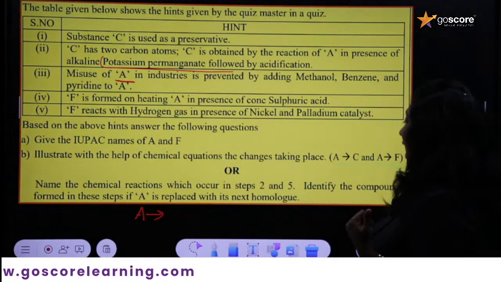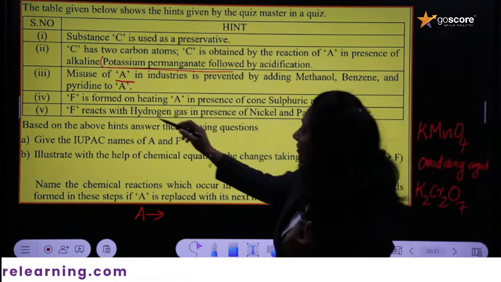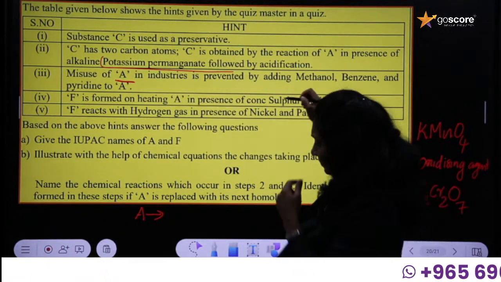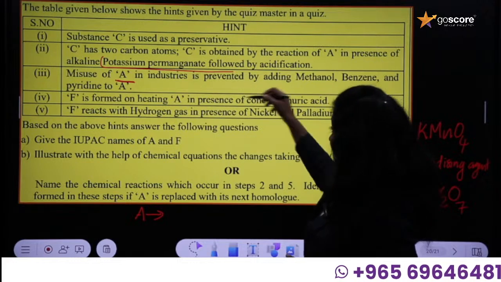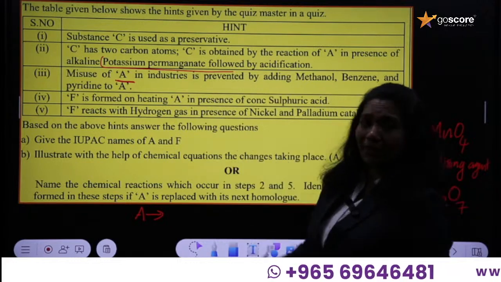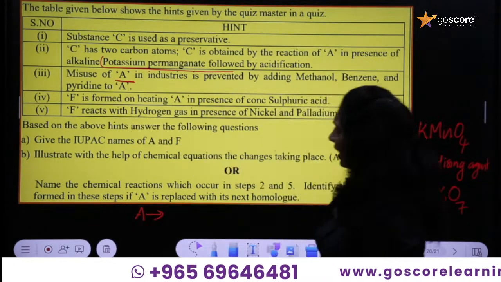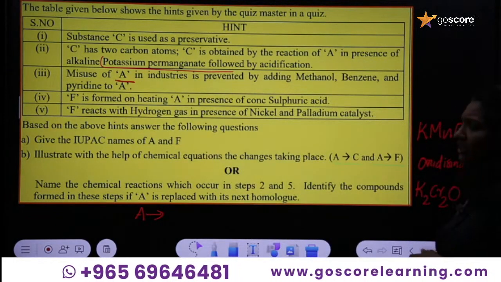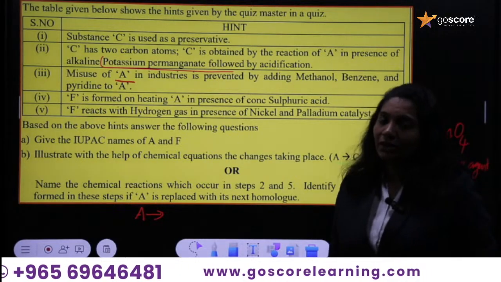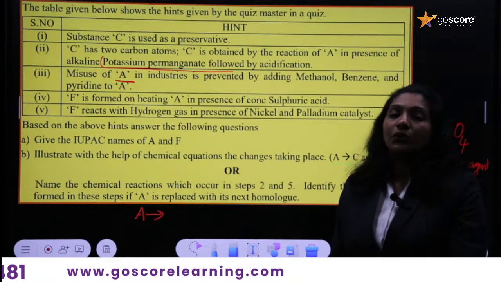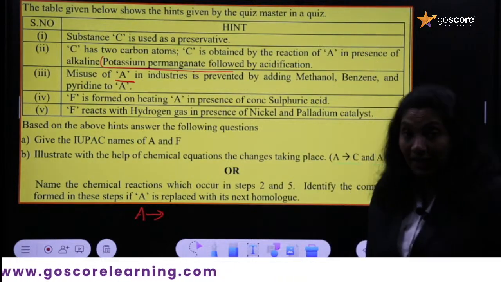And in step 5, that is propanol, when you treat with concentrated sulfuric acid, you will be getting propene, right? And this propene, when you carry out the addition of hydrogen, what will you be getting? Propene, on addition of hydrogen or hydrogenation, you will be getting propane, right?